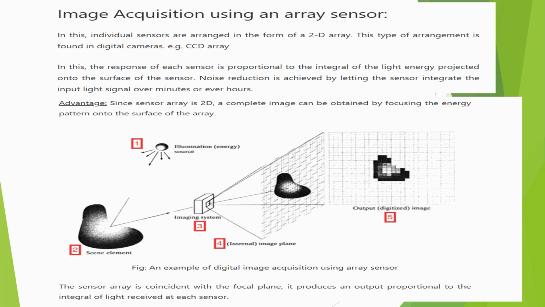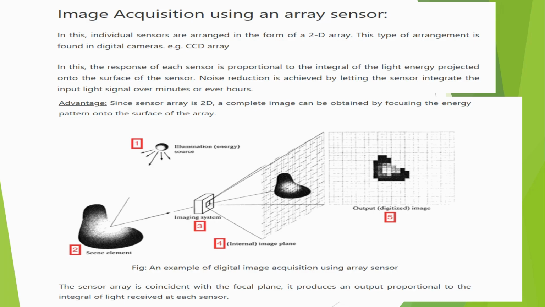The advantage of image acquisition using an array sensor is that since the sensor array is 2D, a complete image can be obtained by focusing the energy pattern onto the surface of the array. We can see an example of a digital image using an array sensor. First we have an illumination source, that is our energy source, and then our scene element.